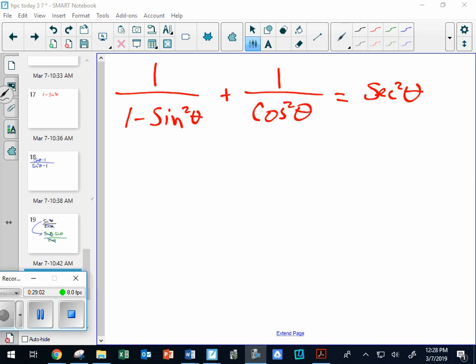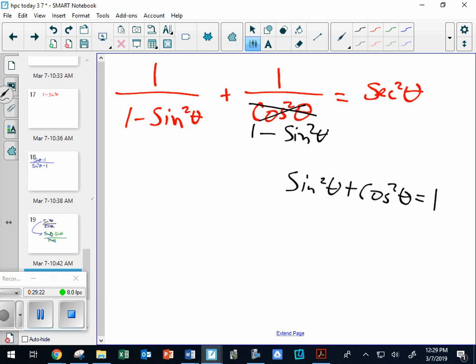Did you realize that you could replace cosine squared with 1 minus sine squared? Why can you do that? It's on the list. Where is it on the list? Sine squared plus cosine squared equals 1. If you rearrange it a little bit, if you just subtract off this sine squared, you get cosine squared.